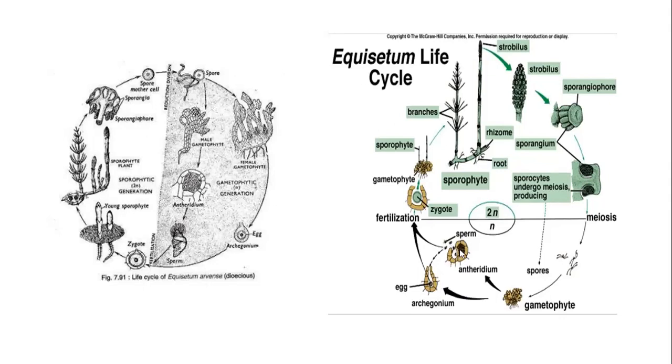Within the antheridium, they form the antherozoids, which are multiciliated or multiflagellated, and this is the female gamete, the egg. These two gametes undergo fusion and result in the zygote. This zygote transforms into the young sporophyte, what we call the embryo. Then embryonal differentiation occurs and results in the formation of the new sporophyte. Here you can see the diagrammatic representation.